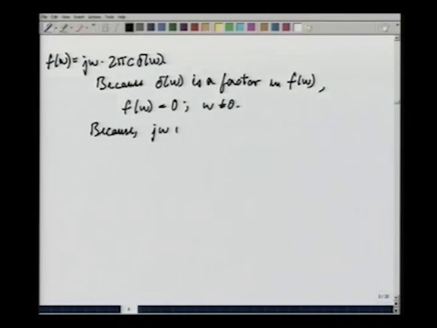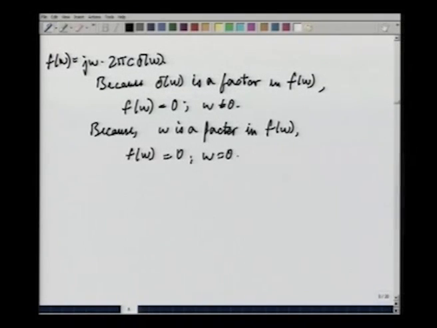Because j omega is a factor, or more precisely because omega is a factor in f omega, f omega equals 0 at omega equal to 0.